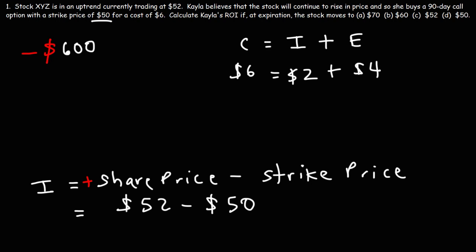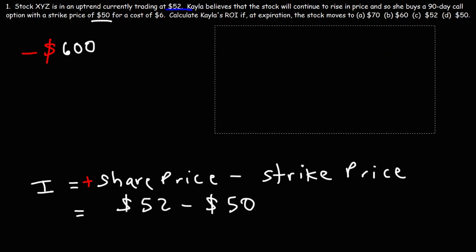So if the stock doesn't move, if it stays at 52 at expiration, this portion of the call option will go to 0. However, this part will remain the same. This will only move if the value of the stock changes. If the value of the stock goes up, the intrinsic portion of the call option will go up. If the value of the stock goes down, the intrinsic portion of the call option will go down.